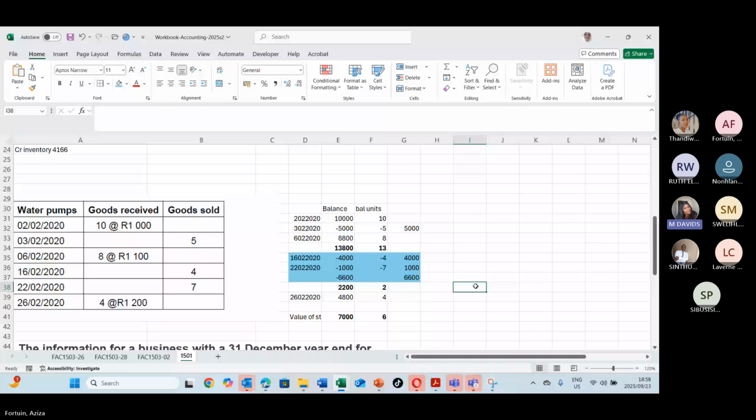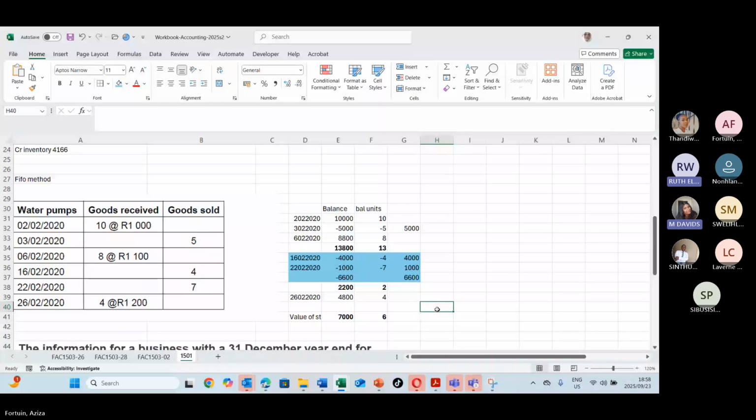Where was I now? Oh yeah. By number 4, the last one, they don't give you the goods sold, but they give you 4 times 1,200. But you currently have 2 here. Do you see here, by number 7, on the board, it's on the Excel.